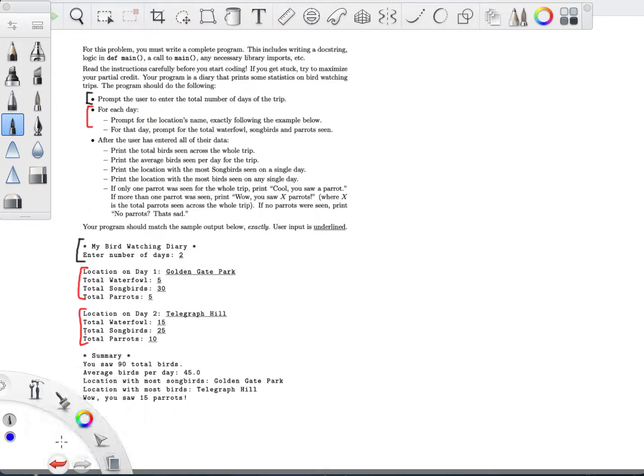And then the part that produces this summary data, which is really described here. We have to produce all of these outputs exactly.